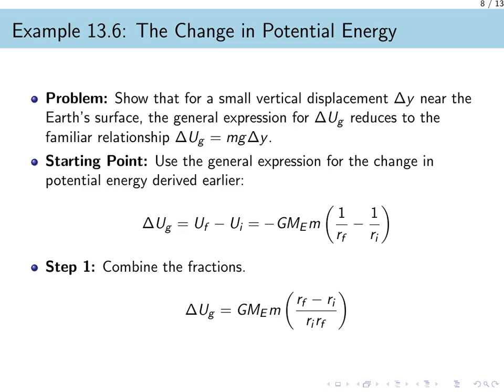The result is that the change in potential energy equals G M sub e m multiplied by the fraction r sub f minus r sub i over the product r sub i times r sub f. This rearrangement prepares us to apply our physical approximations.